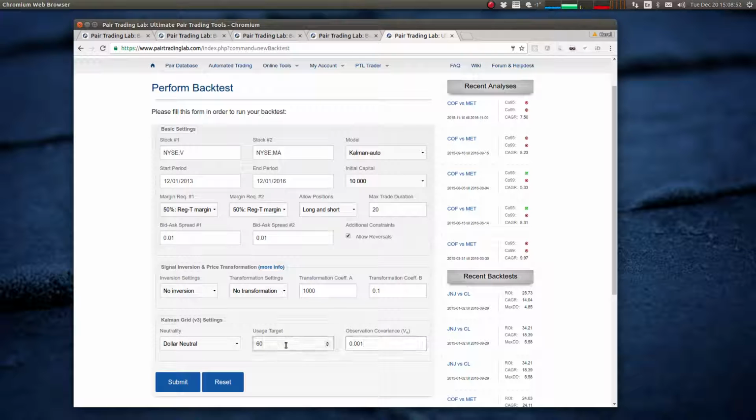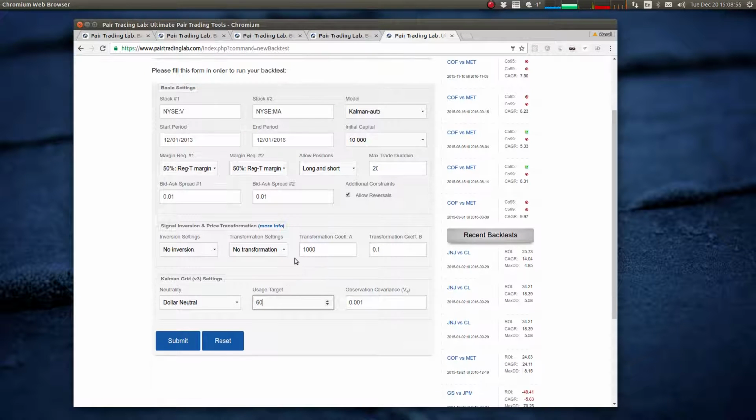And now this is the important parameter. This is the usage target. The usage target is the hint for the optimization algorithm, which is the algorithm switching between these Kalman filter instances. It's actually the slot usage target. That means if I set this particular usage target to 60, it will try to switch between Kalman filters in a way that on average the strategy is in position 60% of the time.